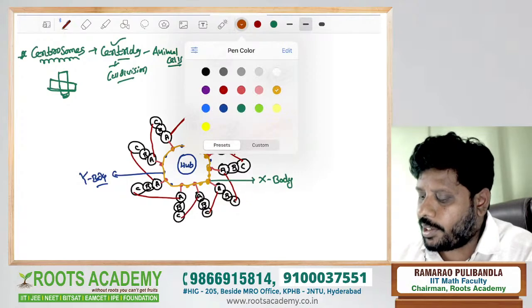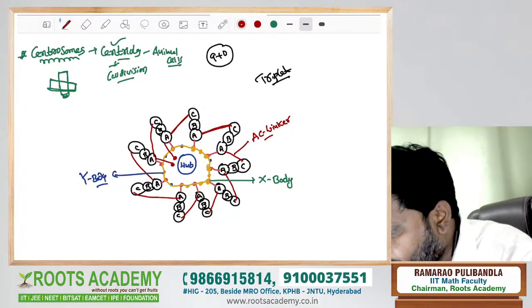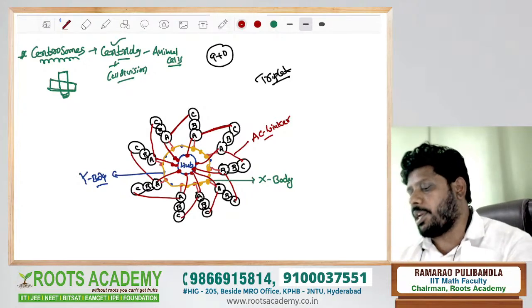And see, listen, from every A body, one spoke-like structure grows towards the center. What is formed from every A body? One spoke-like structure is developed to the center.